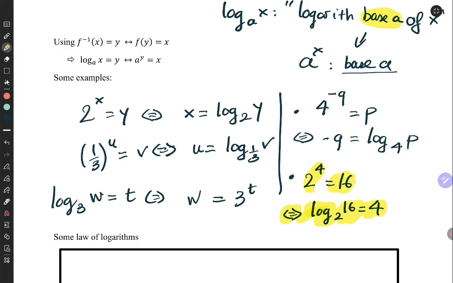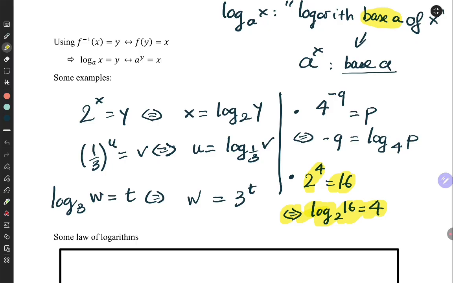Then usually I ask you a question. 4 months later, how many chickens do I have? How do you do that? Every month you double the chickens, so 4 months later it's 2 raised to the 4. 40 months later, raised to the 40, and so on.